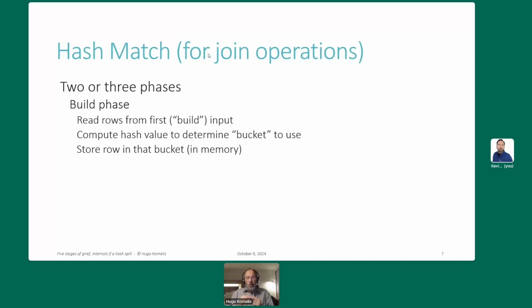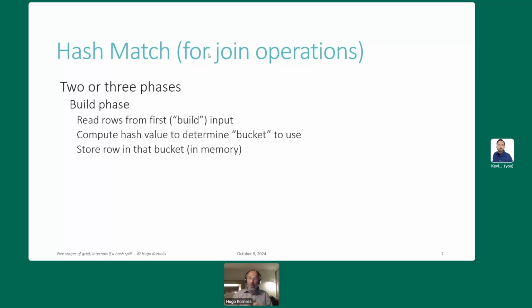So to make sure we're all on the same starting point, I will start with a very quick refresher of how hash match works. And I'm going to use a hash match for join operations. Hash match can also be used for aggregation. There's a lot of similarities, some small differences. To keep it simple, I'm only going to talk about a hash match for join operations today. And that hash match runs in 2 or 3 phases.